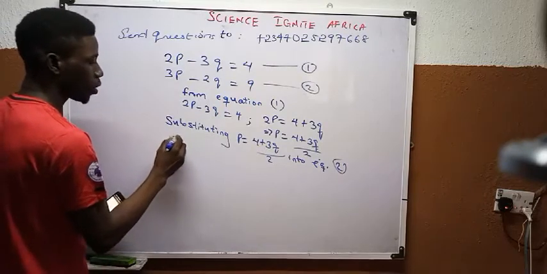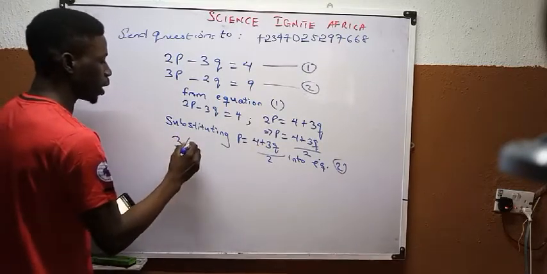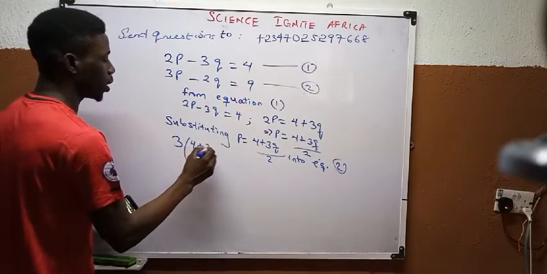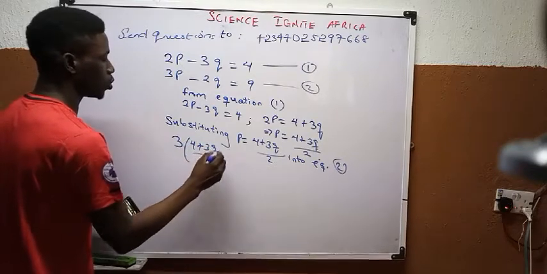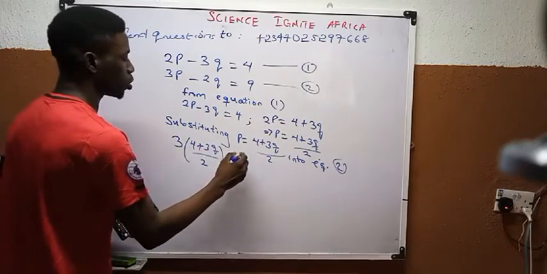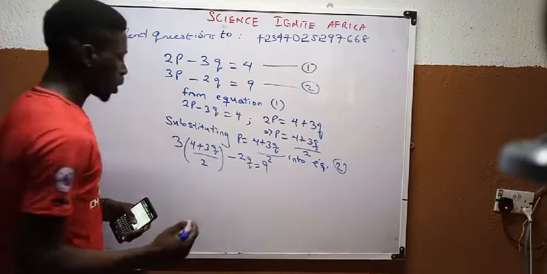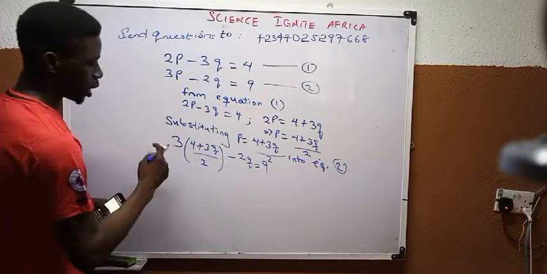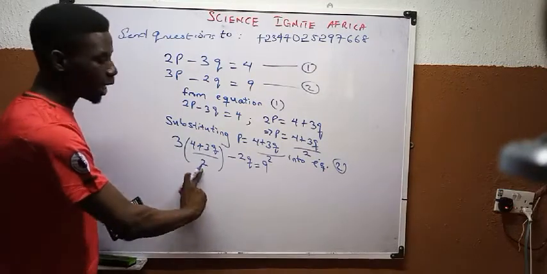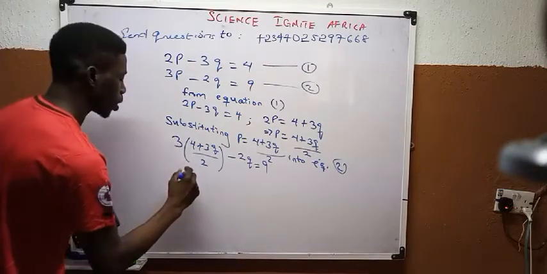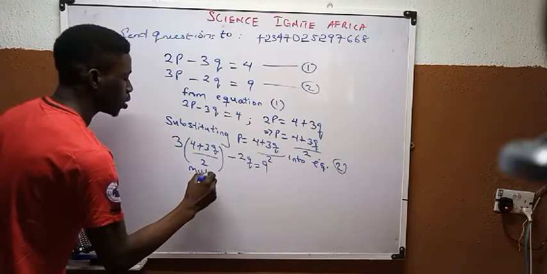So let's do that. We have 3 into bracket 4 plus 3q all over 2, then minus 2q equals 9. The next thing I do here, since I have 2 at the bottom, is multiply through by 2.